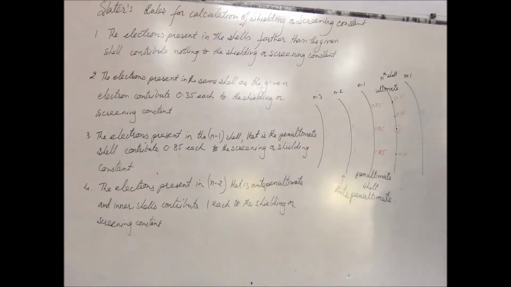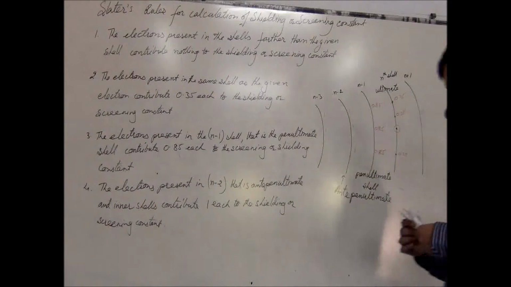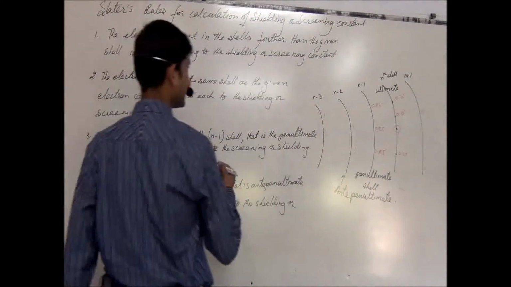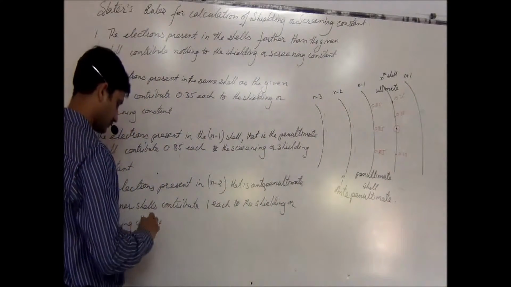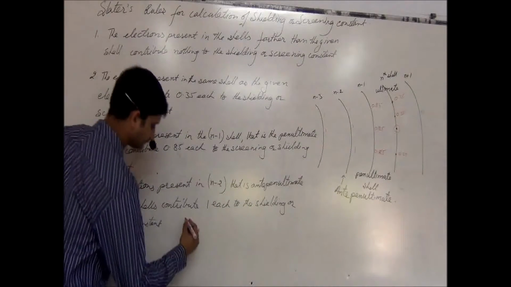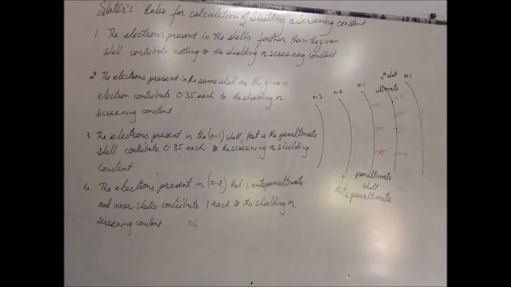Now, we are just going to calculate the shielding or the screening constant for a few elements. Let us take an example. Let's take the example of sodium.